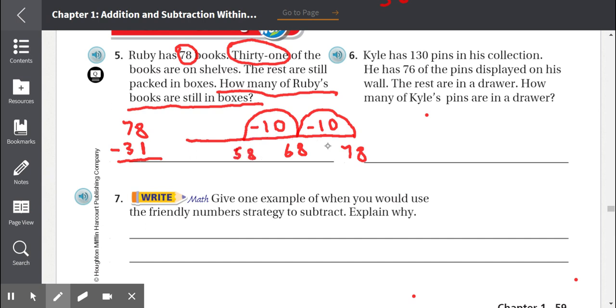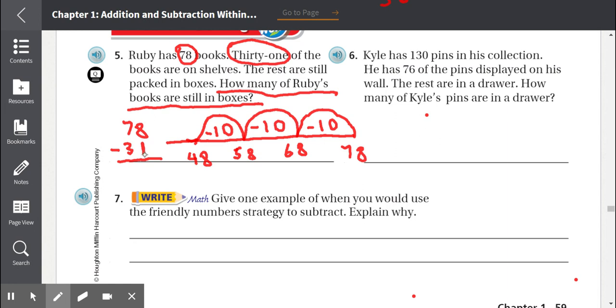So far, we have 10 and 10, that's 20, but we have to subtract a total of 31. So we know since we have 20 so far, we can do another jump of 10. So far, that's 58 minus 10 equals 48. So that's 10, 10, and 10. That makes 30.